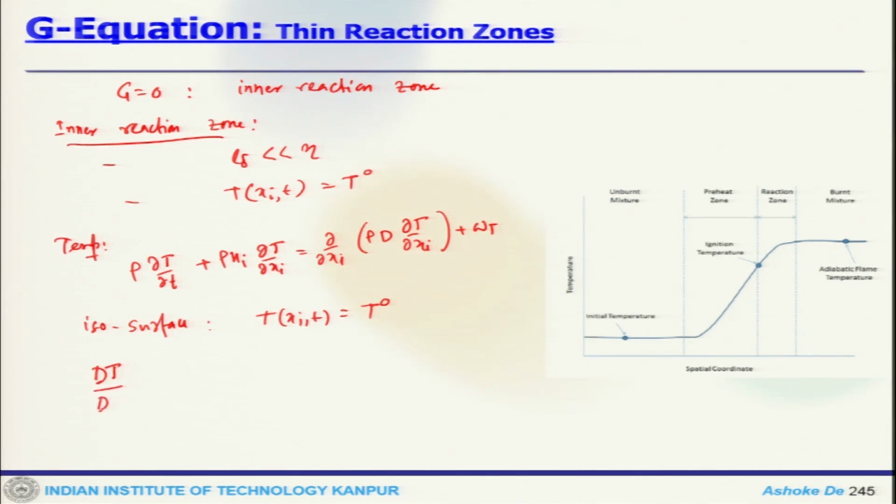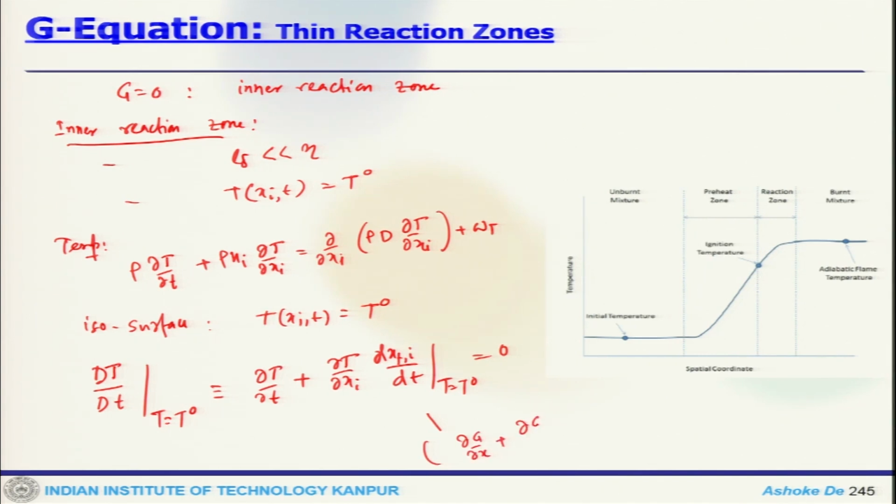Then we can write dT/dt at T naught, dT/dt plus dxi/dt dT/dxi at T naught, which is 0. One can think about the similarity to del G by del t plus del G by del x times dx/dt equals 0. So it's a similar kind of expression to what we obtained earlier.